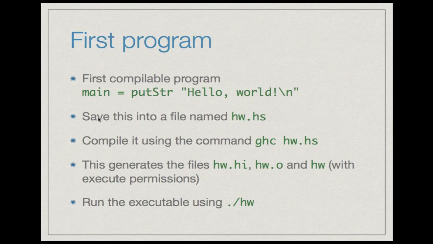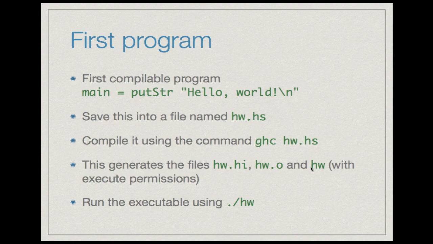The way we run this is to save this into a file named hw.hs, hw standing for hello world. We compile this file using the command ghc hw.hs. Compiling this generates the following files: hw.hi, hw.o and hw. The file of interest to us is hw without any extension.